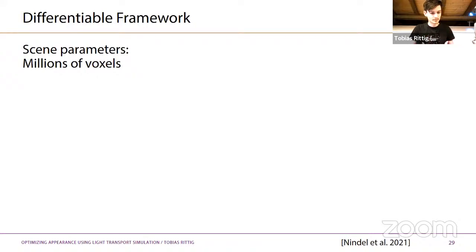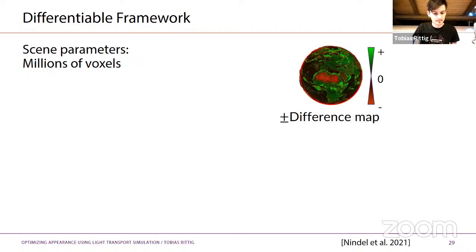So for us in 3D printing, the scene parameters that we are tweaking are essentially the millions of voxels. And remember when I showed you this picture and I asked, okay, how do we need to change the volume such that we get this change on the surface? Well, this is exactly what the differentiable renderer gives us.